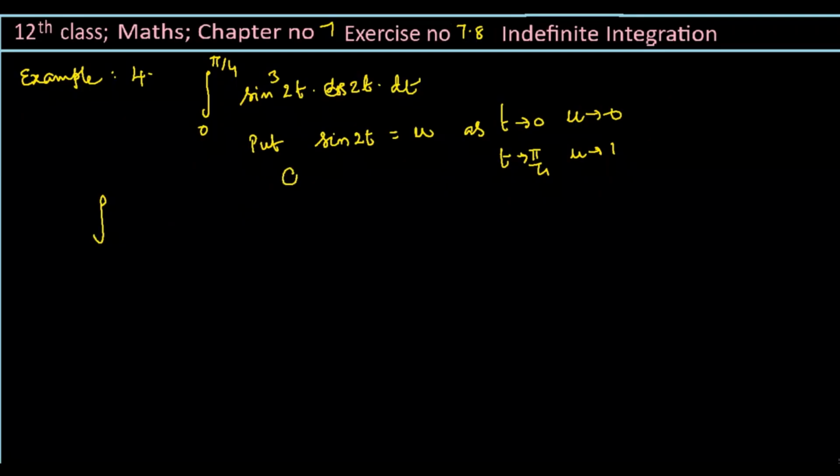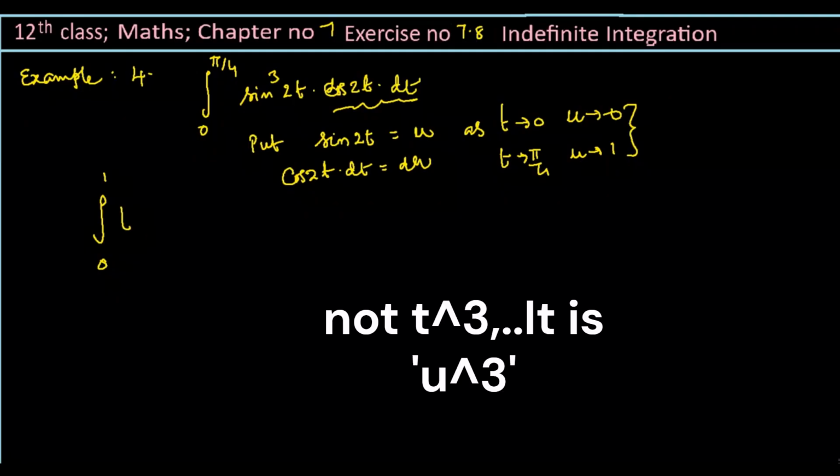This is cos 2t dt equal to du. Here we have cos 2t dt. So 0 to pi by 4, that means 0 to 1, you should adopt these limits. Sine cube t is u cube, and this other thing is du, just du.